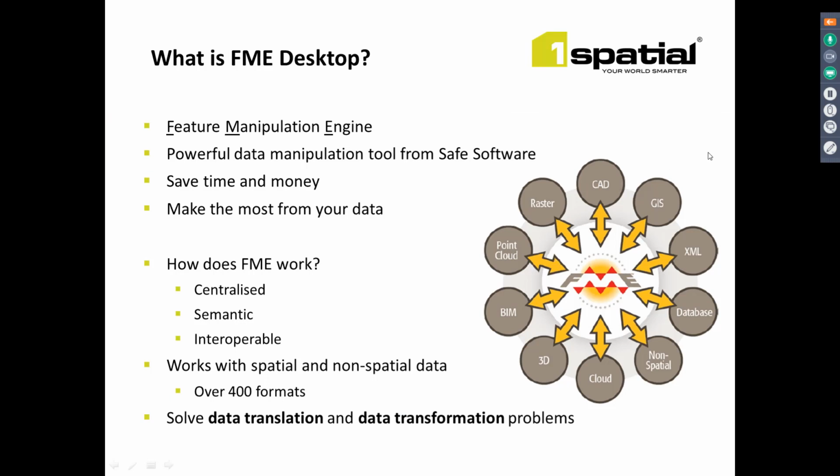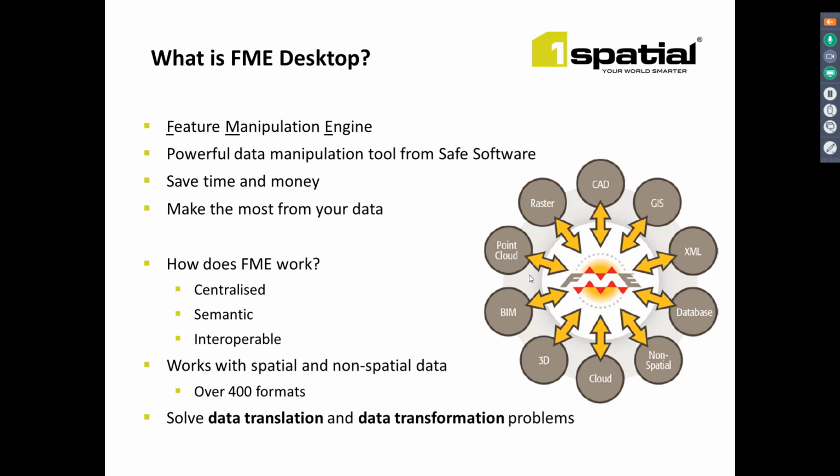So what is FME? Well, it's a really powerful data manipulation tool. FME stands for Feature Manipulation Engine, and really that's the best way to think about it. It's a processing engine for your data that lets you convert between hundreds of different formats. And it does this so well because it understands those formats.